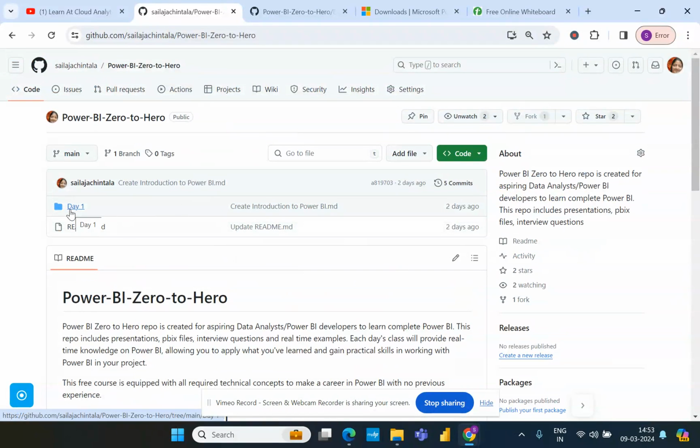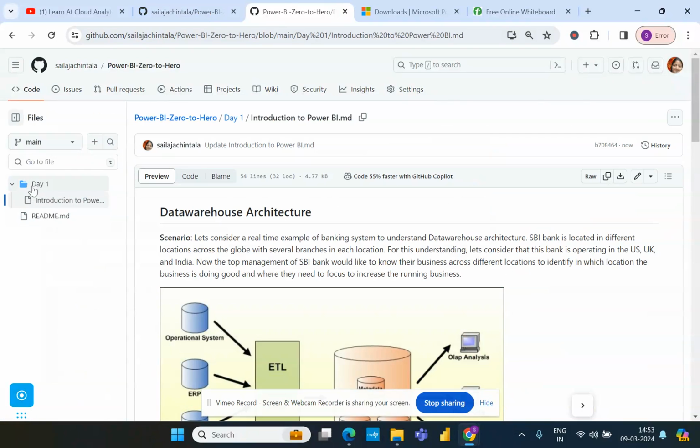Now, for every video that I'm going to release from here on, I would be creating a separate folder like this, and you would find all the required artifacts in terms of the documentation, or if there are any workbooks that I might use during the course, I would also be adding them within my repository in those respective folders, so that you can at any point in time refer back, revise the topic and be able to implement it effectively. So that's the intent of it.